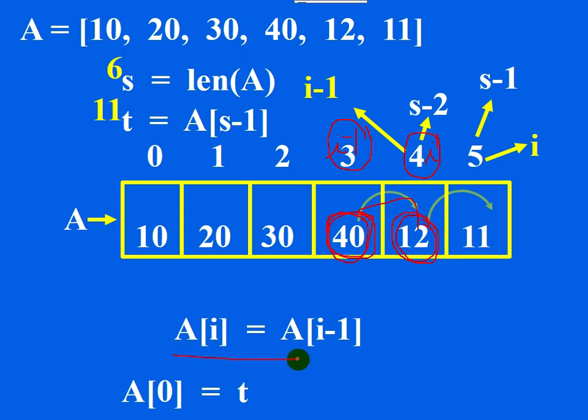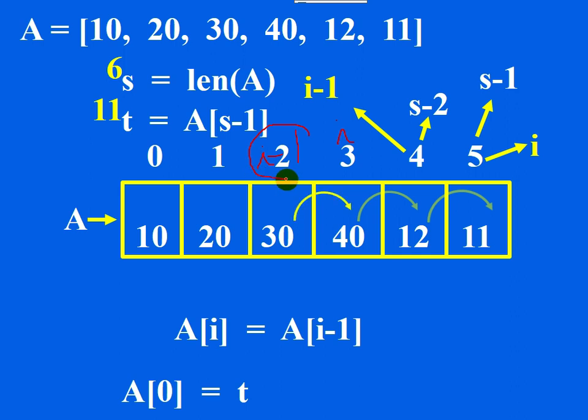So the statement is one and the same: A of i minus 1 is assigned to A of i, but the value of i changes. Now i is 4. Similarly, if you want to shift this element by one position to the right, the value of i should be taken as 3, so that this becomes your i minus 1.